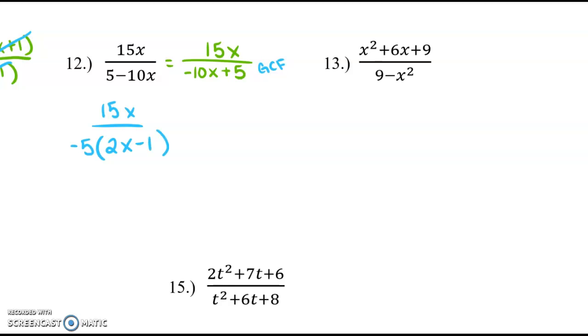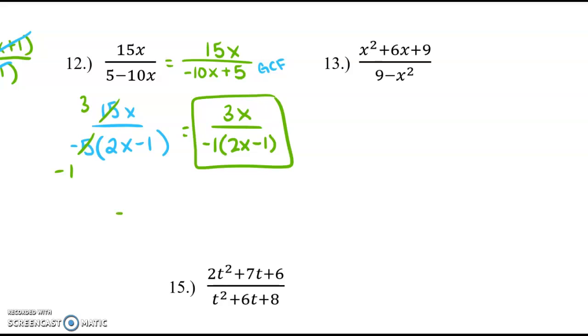And then now I can simplify the 15 and the 5. That's a negative 1, and this is a 3. So I'm going to write this as 3x over negative 1, 2x minus 1. You could also make the 3 negative up at the top and just write it as 2x minus 1. That's fine too as an answer.